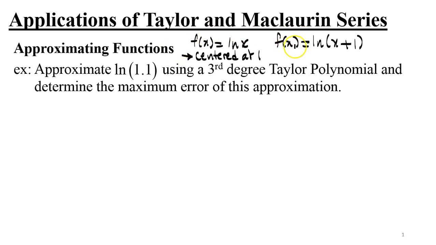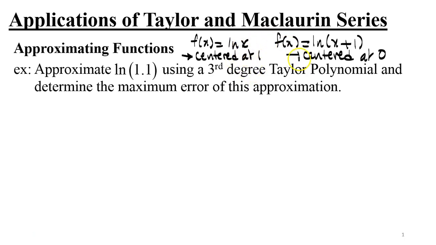However, if you go for f of x equals ln of x plus 1, now that is a polynomial that you can center at 0, because the values that you obtain here for x equals 0 are the values you obtain there when you center the polynomial at 1. So for example, f of 0 here is f of 1 there, etc. Similarly for the rest of the derivatives.